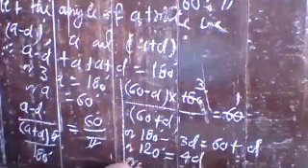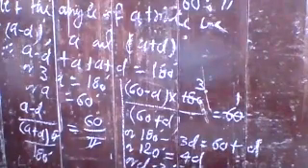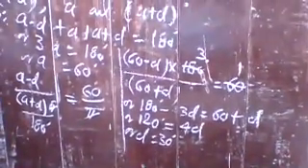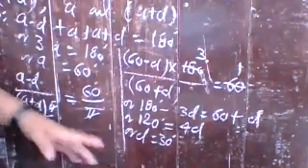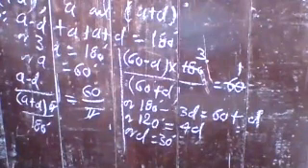So the value of D is equal to 30 degree. In this way you have the value of D and A. Now, putting the values of A and D in the assumed angles, you will have your answer.